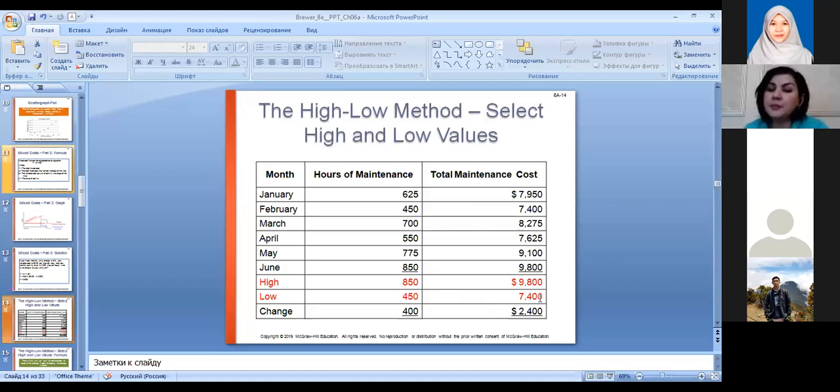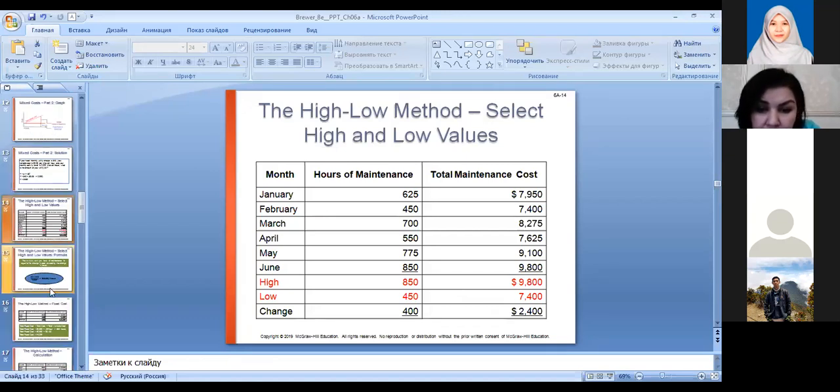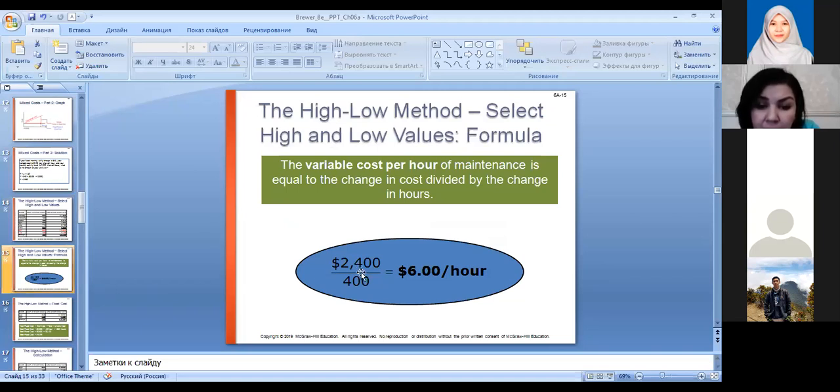We simply subtract 7,400 from 9,800. And so what is the change? 2,400.